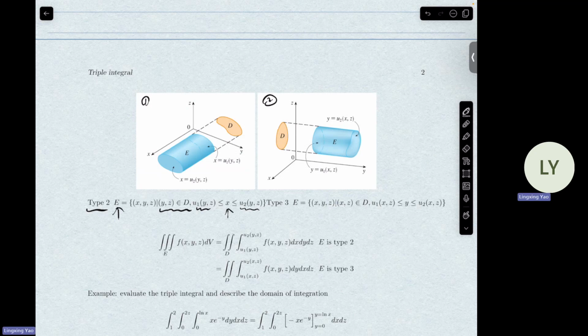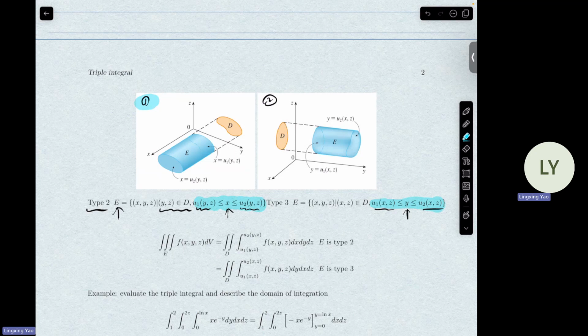On the other hand, if you project it as type 3 to the xz plane, then the y variable will be bounded by two functions that depend on x and z. We treat this piece as the most interior layer.